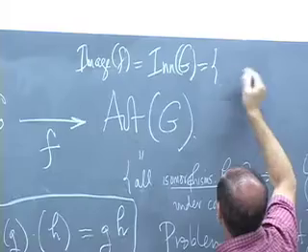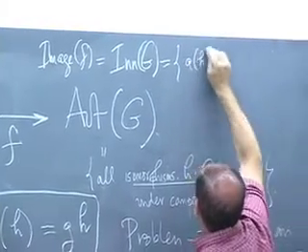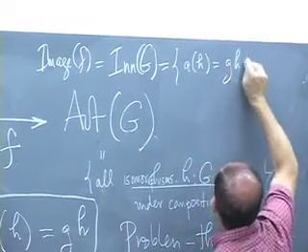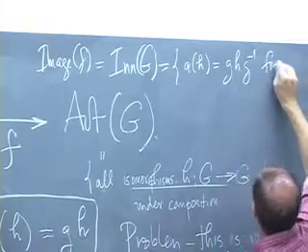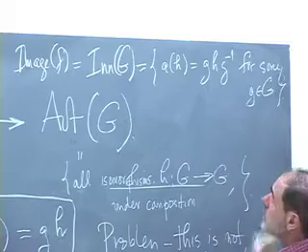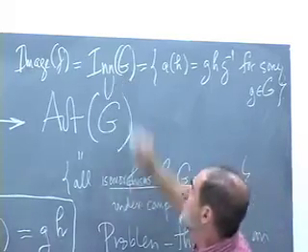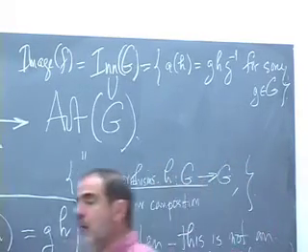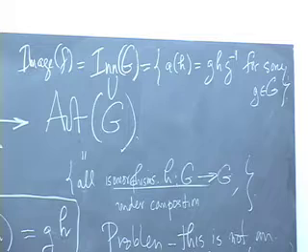Those are all the automorphisms that have the form A of h equals g h g inverse for some g in G. It's an interesting subgroup of the automorphism group of G. And for the Klein 4 group, the inner automorphism group is trivial, and the full automorphism group is the symmetric group on 3 letters.